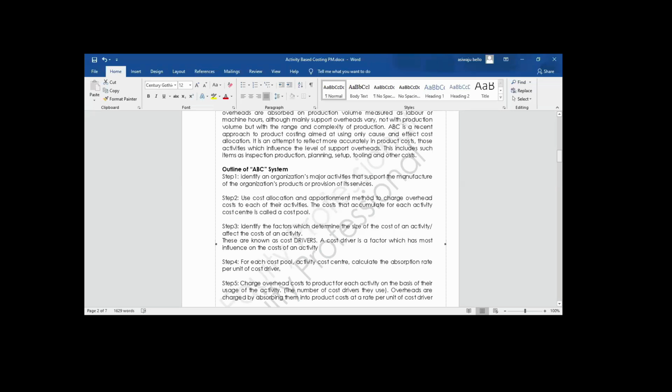Then step number 3, identify the factors that determine the size of the cost. What that means is identify the factors that contribute to each activity cost. This is what we call the cost driver.